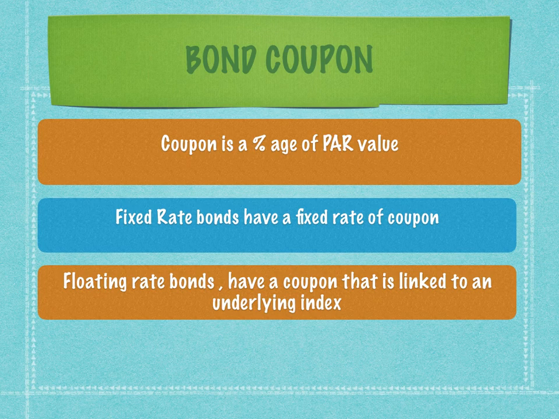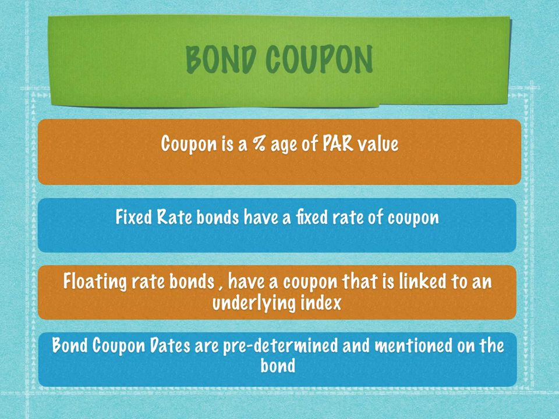Therefore, floating rate bonds are benchmarked to an underlying index. Bond coupon dates are predetermined and are mentioned on the bond. Nowadays, bonds are no longer issued in a physical format. Like equities, they are issued in a dematerialized format and all the details of the product are stored with the depository.